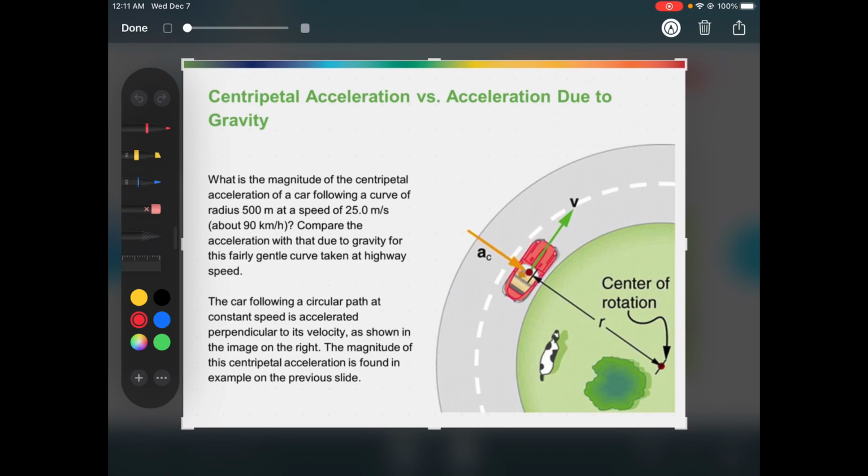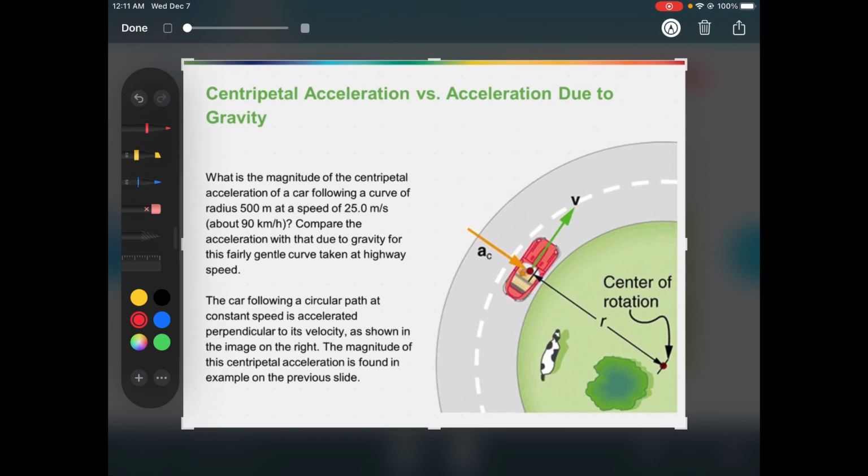So it asks us for two things. One is to find the magnitude of the centripetal acceleration of a car following a curve, radius of 500 meters, speed is 25 meters per second, and we want to compare it to the acceleration due to gravity for this fairly gentle curve taken at highway speed. So we have a linear speed here, so that means our a_c is going to be equal to v squared over r, v being the 25 meters per second, and our r being 500 meters.